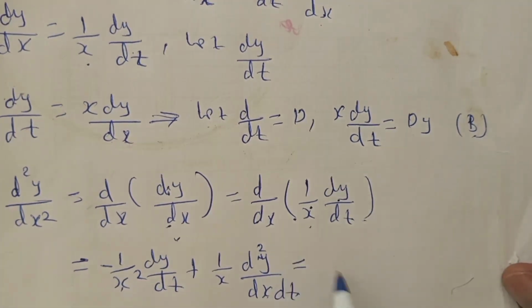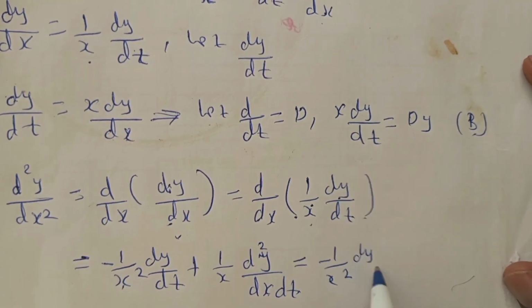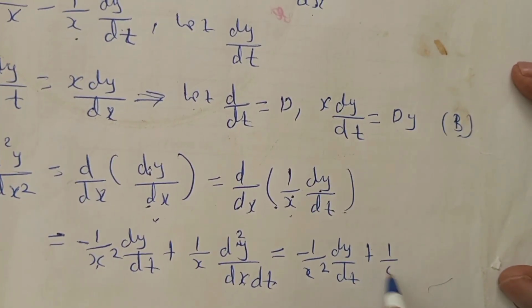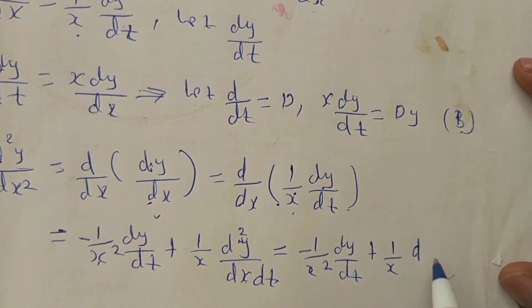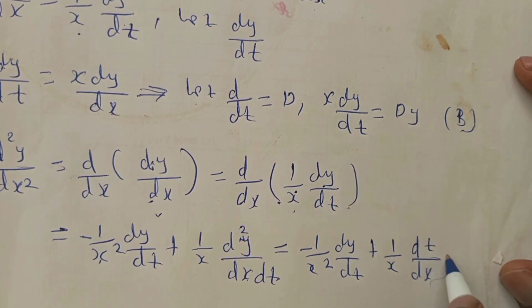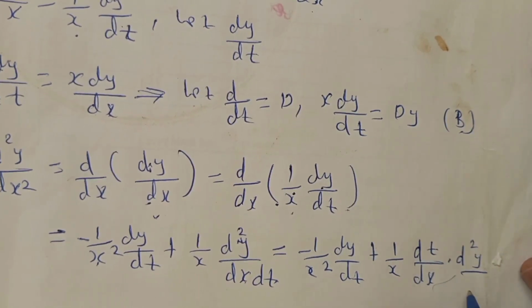Now, this can be written as negative 1 over x squared dy over dt plus 1 over x multiplied by d over dt of dy over dt, multiplied by dt over dx.